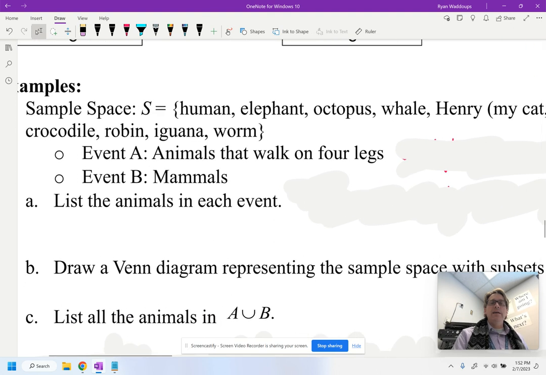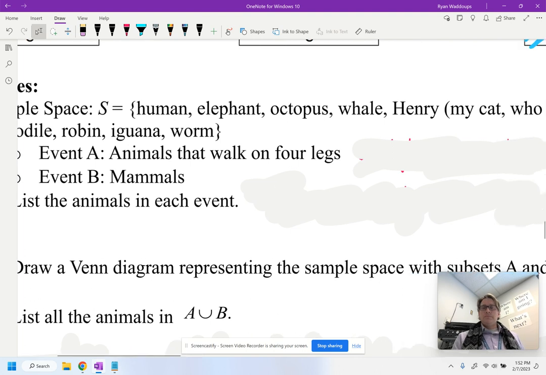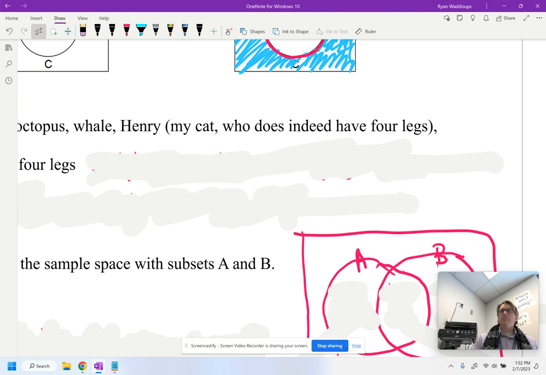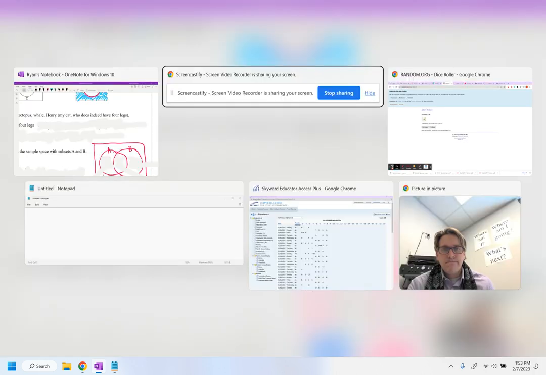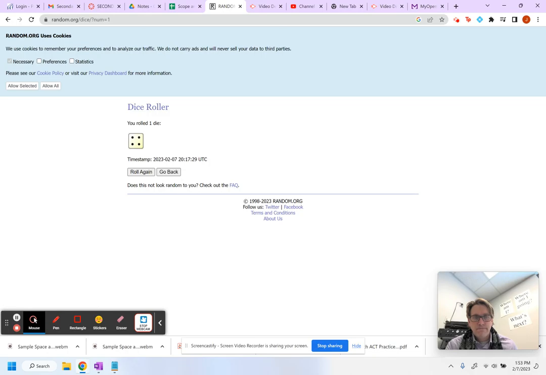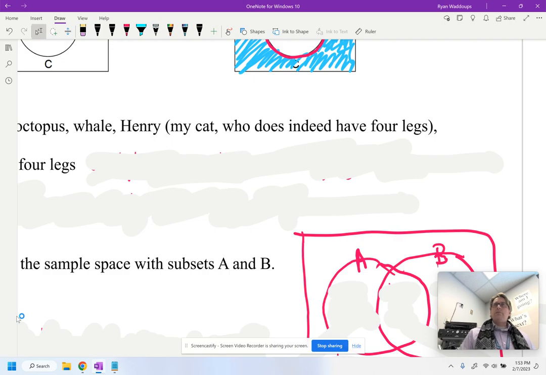So event A is animals that walk on 4 legs. Take a second and fill that out. Who are the animals that walk on 4 legs from the sample space? Okay, what are our 4 animals?